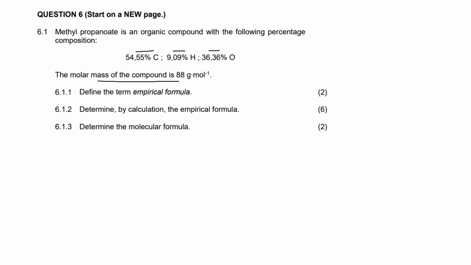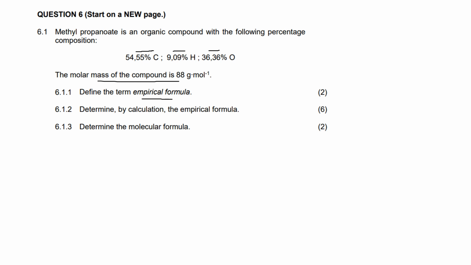So on this example, we are firstly asked to define what is an empirical formula. The empirical formula is the simplest whole number ratio of elements in a given compound.